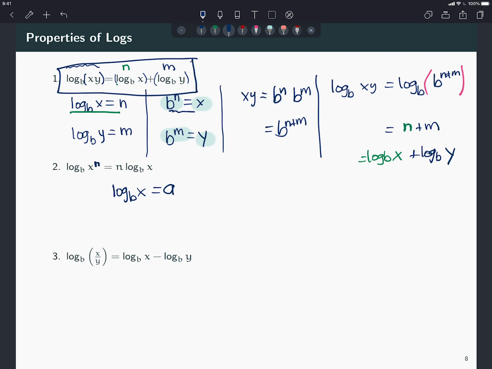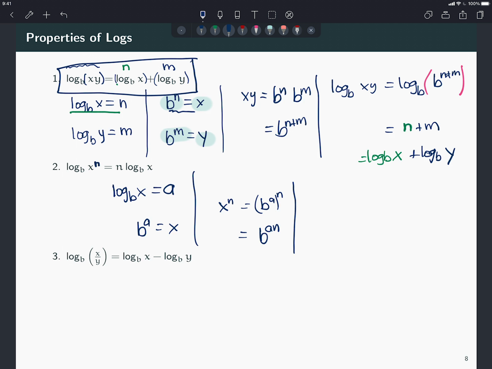So what that gives us is that the base b raised to the power of a gives you x. Now x to the n would be nothing else than b to the a raised to the power of n. In this situation, you multiply the powers.